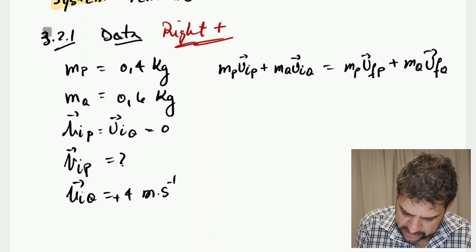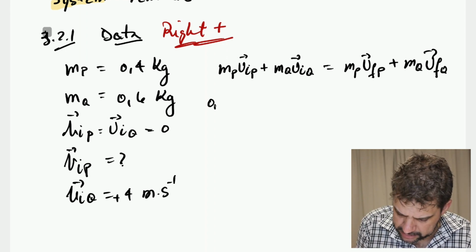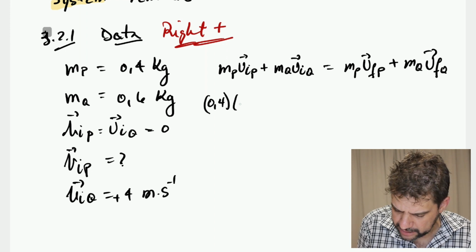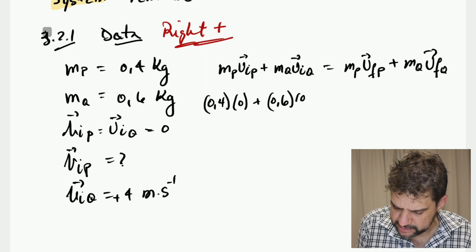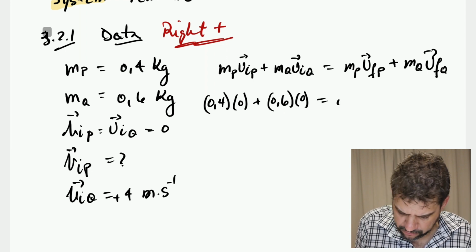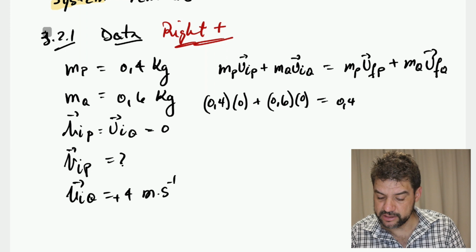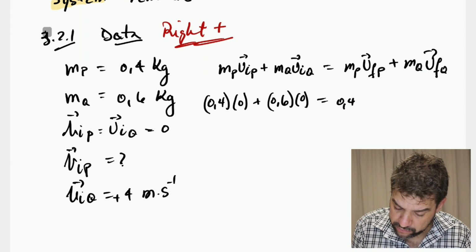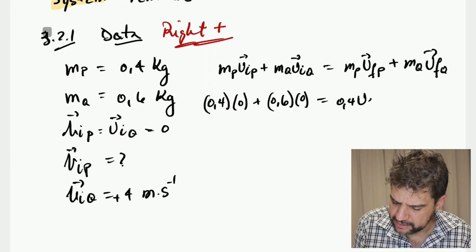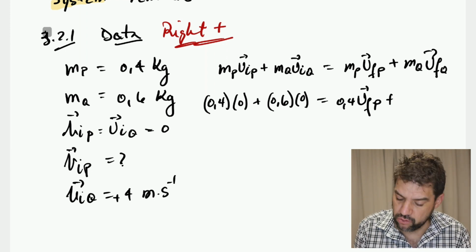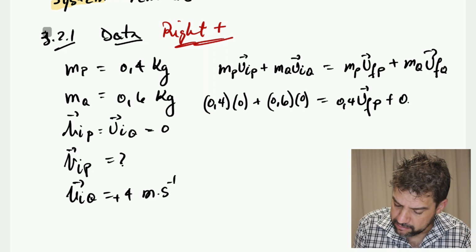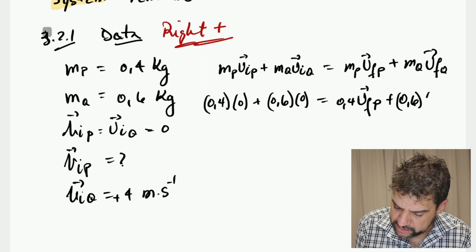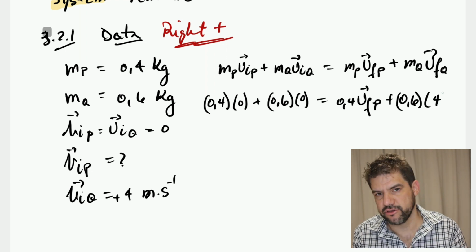So here we have 0.4 multiplied by 0 plus 0.6 multiplied by 0. This is equal to 0.4 times the final velocity of P, what you're looking for, stays like that. And then for the next one, it is 0.6 multiplied by 4, which is the final velocity of Q, positive there.